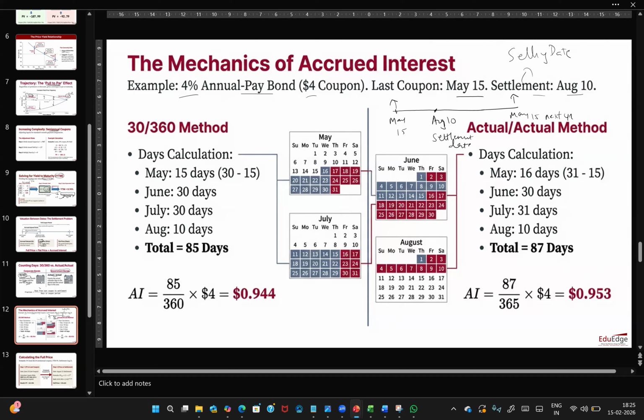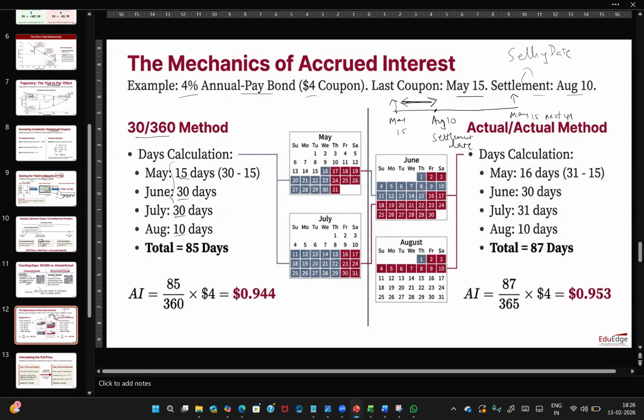Now they're asking what is the accrued interest. Can I say it should be the fraction of the period held, a fraction of the coupon for which you hold it, for the period between May 15 to August 10. So if I take the 30 by 360 method or convention, every month we only consider 30 days. So May will have 30 minus 15, 15 days. June will have 30, July will have 30, and August will have 10 days because the settlement is on 10th August.